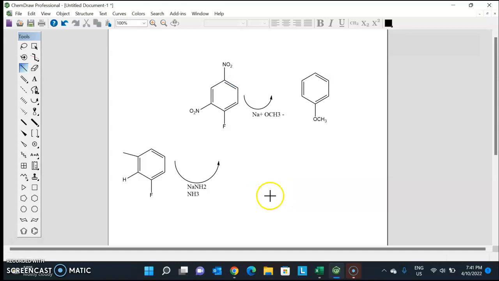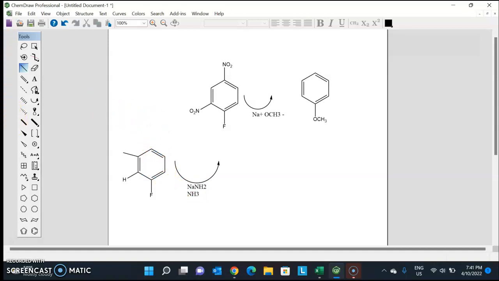This reaction would proceed by making a carbanion, which would then kick off the fluoride and make an alkyne. The alkyne in this case would be right here between the hydrogen and the fluorine.